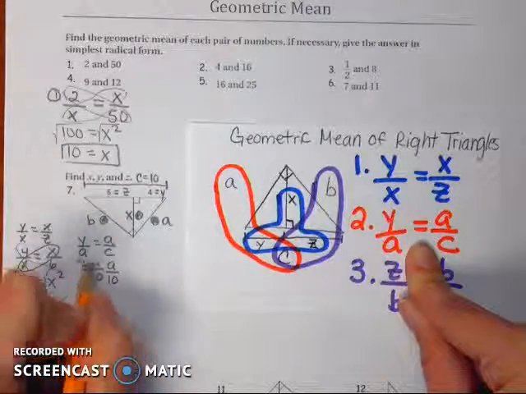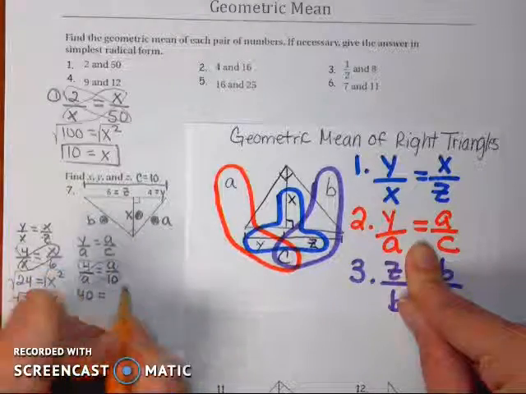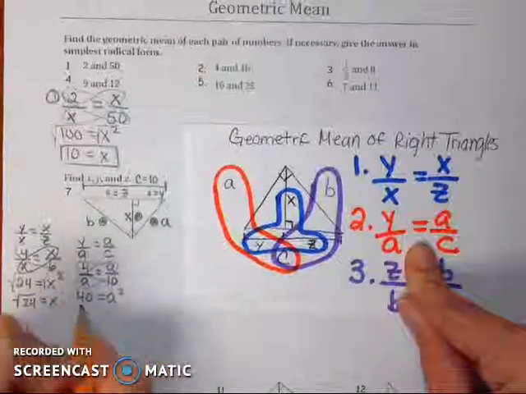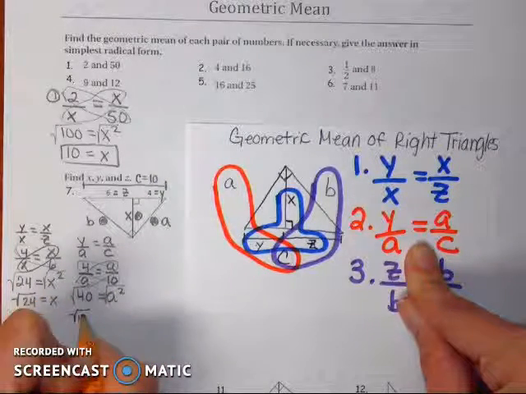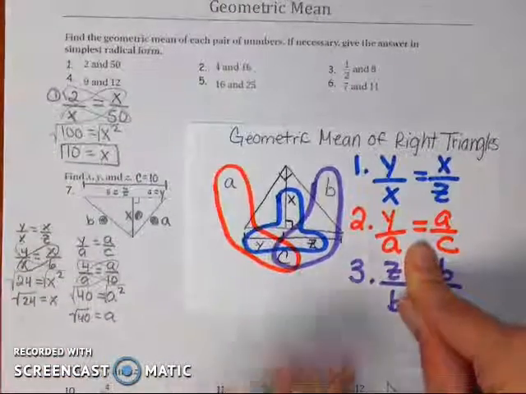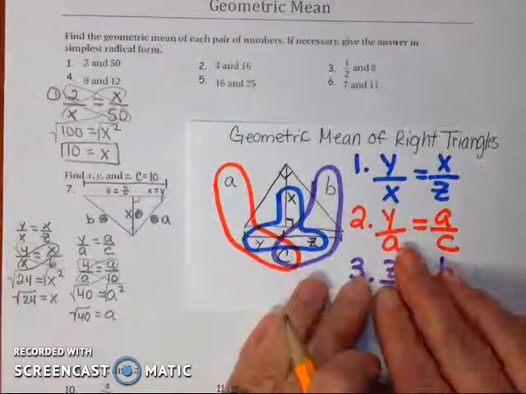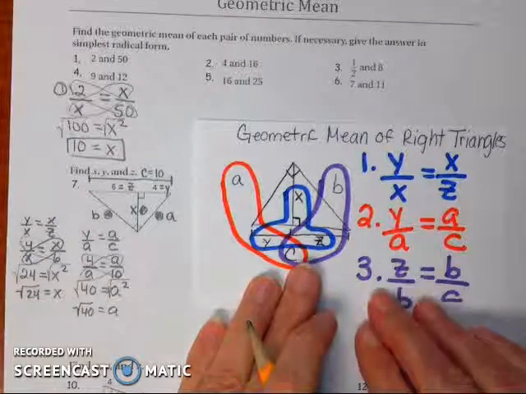So again, I'm going to cross multiply. 40 equals, cross multiply again, a squared. And then we're going to take the square root. So square root of 40 is equal to a. Again, you would simplify this to the simplest radical form. However, my time is ticking.